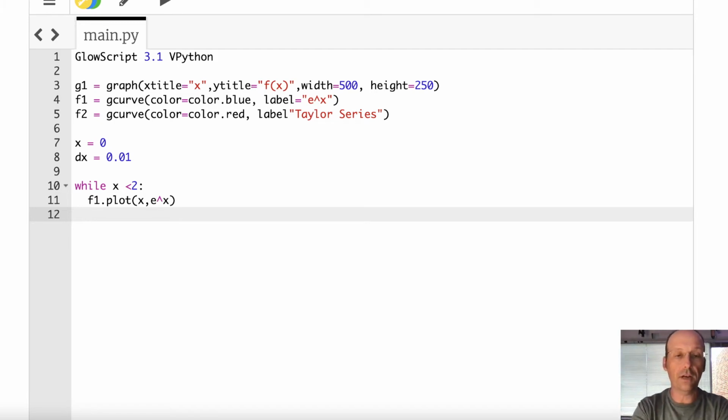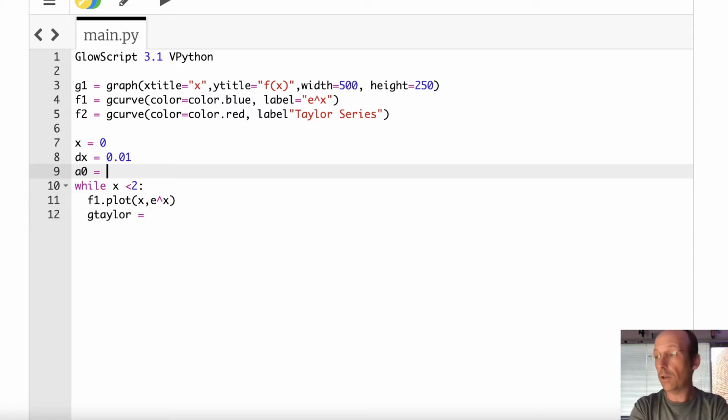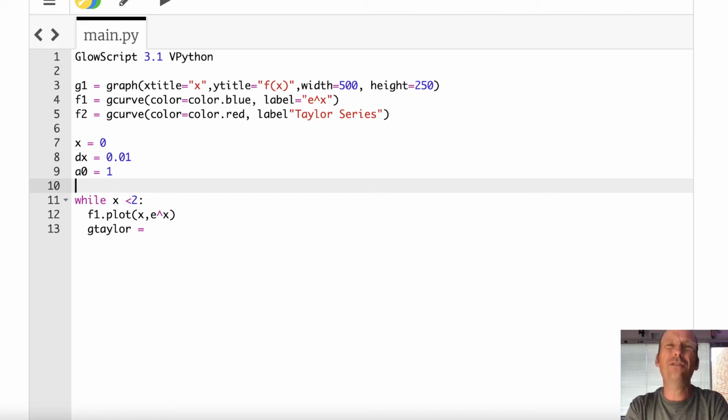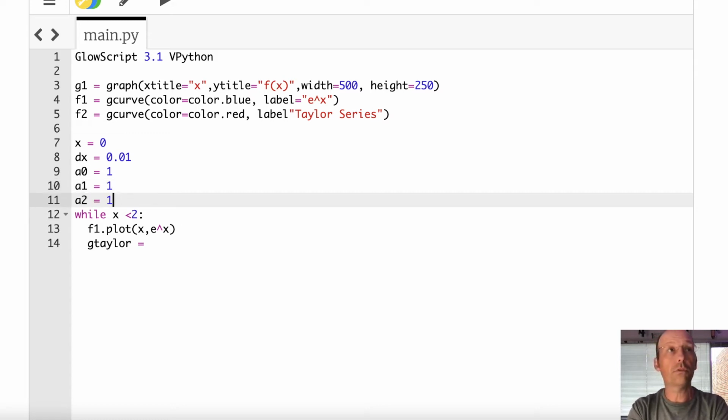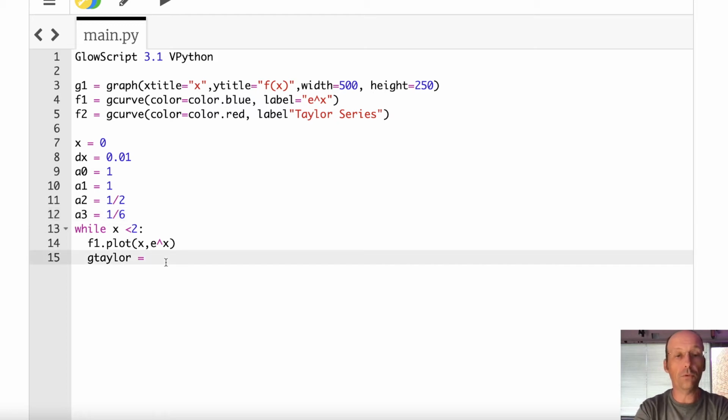Now let's calculate the value from the Taylor series. So let's just call this gTaylor. And let's go here and say a0 equals 1. I could do this in a more complicated way, but I don't want to. a1 equals 1. a2 equals 1/2. a3 equals 1/6. I got that wrong over there. Okay. So this is going to be equal to, let's just keep it this way.